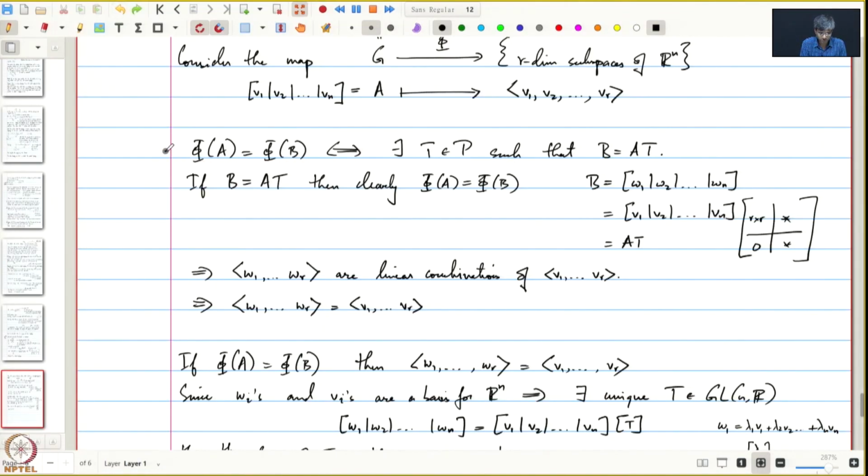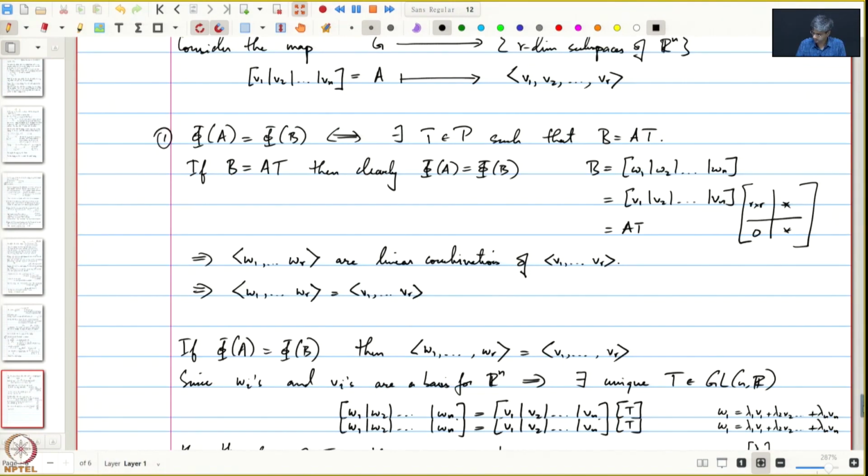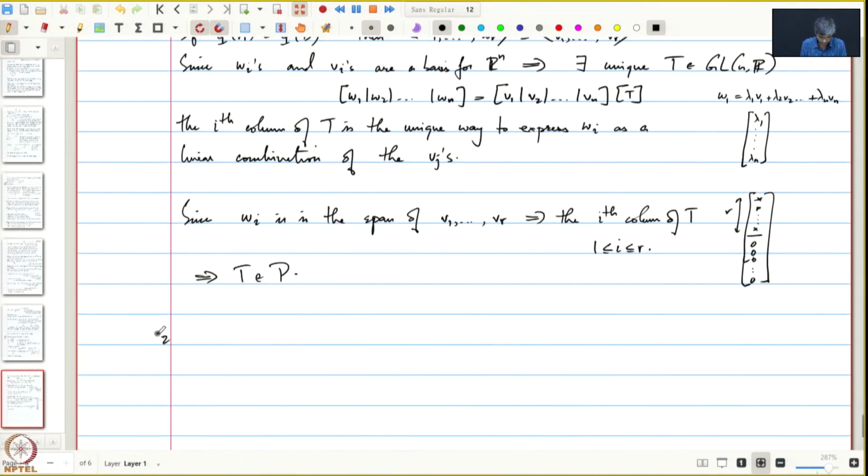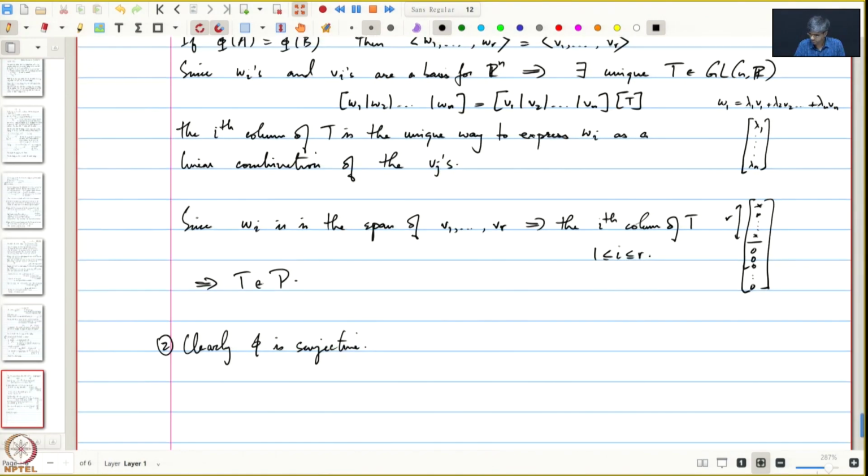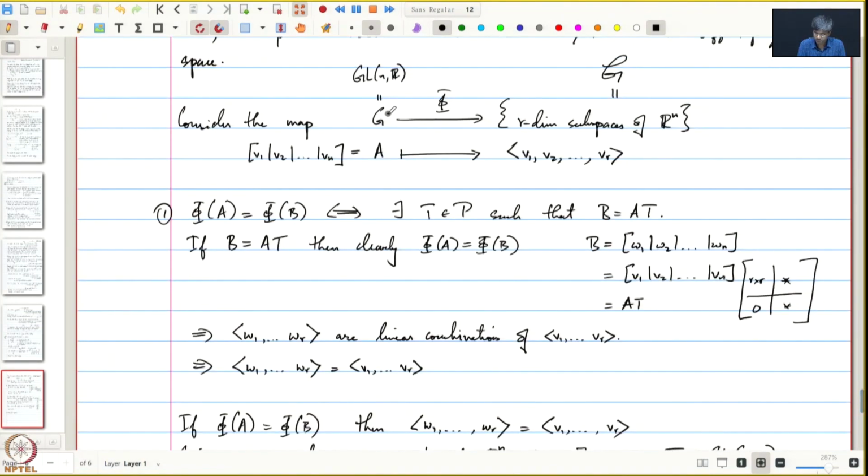So let's call this 1. Next, the second point we want to show is that phi is surjective. So phi is this map from GL, a matrix A goes to the span of the first r column vectors.